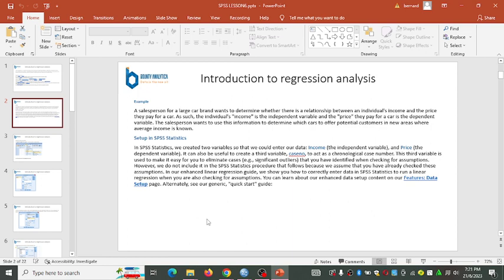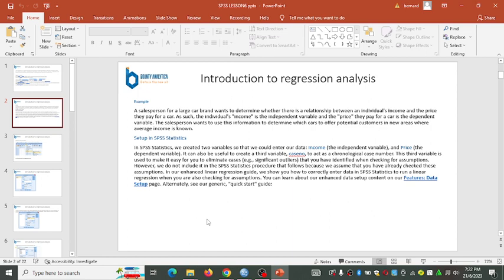Now, this salesperson wants to use this information to determine which car to offer potential customers in new areas where average income is known.